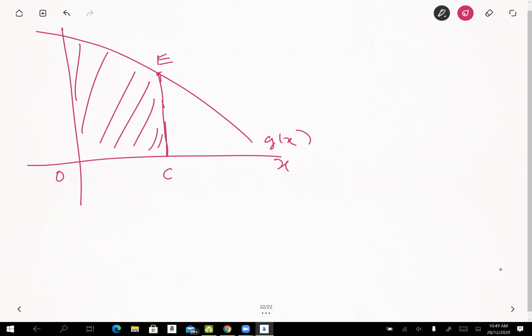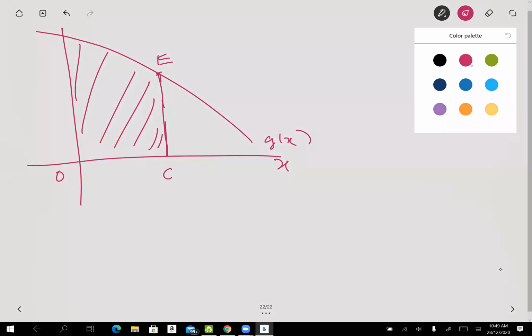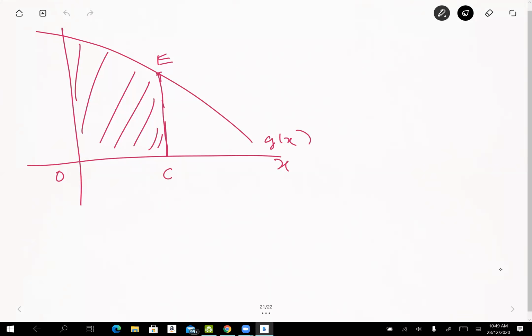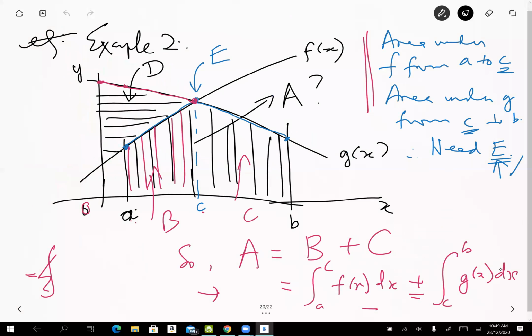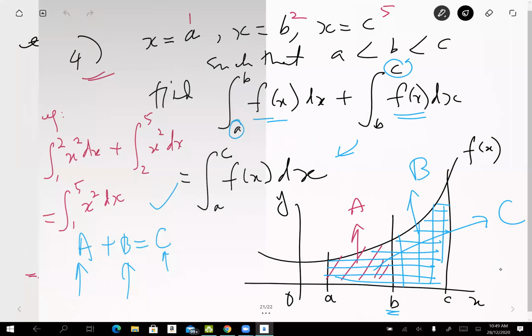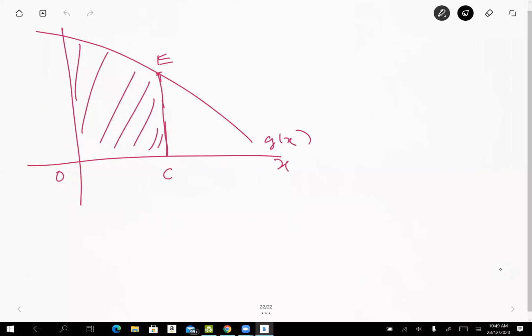We don't want that. What you want is the area that is in between g and f. So I put the f function here. That is f of x. I don't want the whole area.